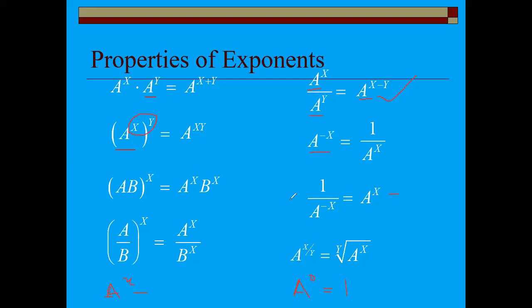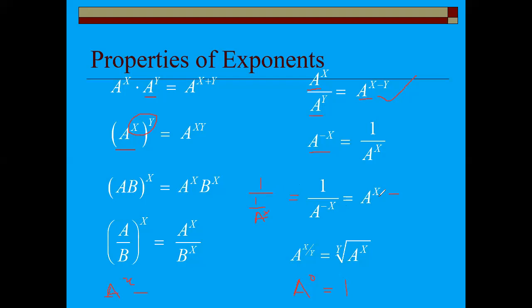Let me do that on the left hand. That's 1 over 1 over a raised to the power x. So that should lead to a raised to the power x.